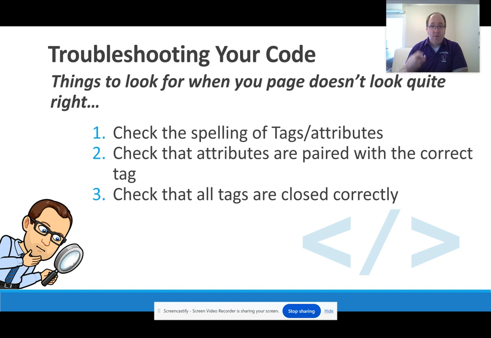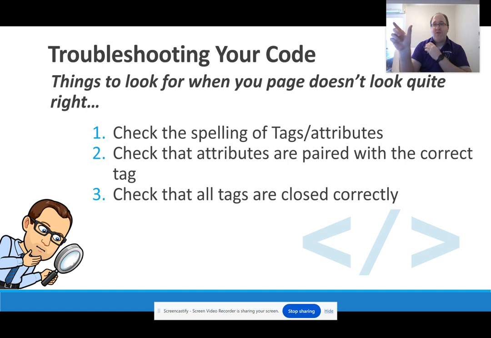Third, and this is a big one, check to see that all your tags are closed correctly. With the exception of the couple of one-sided tags we've seen so far, almost all your tags come in pairs. A, did you close that tag at all? And B, did you close it in the right spot? There's a really good example of the formatting going too far.